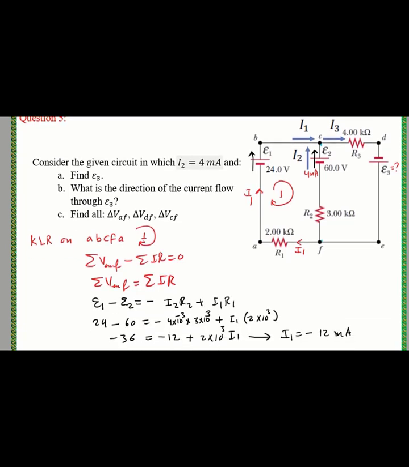So here we need to find epsilon 3. Now I am in the first paragraph of the question. Find epsilon 3.